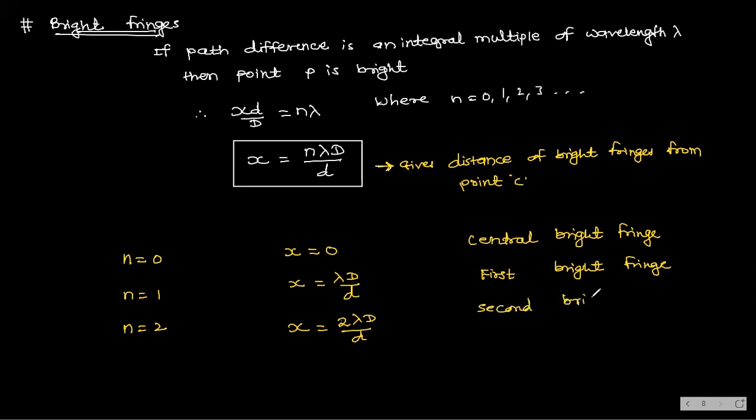Very good. In the problem, they will ask you, then at that time you have to use this. Second bright fringe. n is equal to 3. x is equal to 3 lambda D by small d, and so on. Now this is what? Third bright fringe.